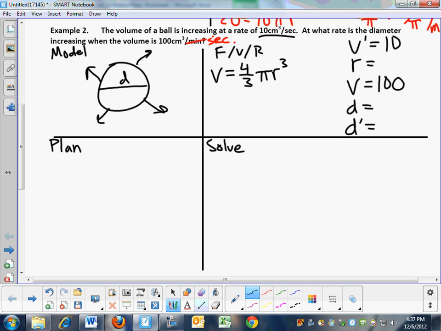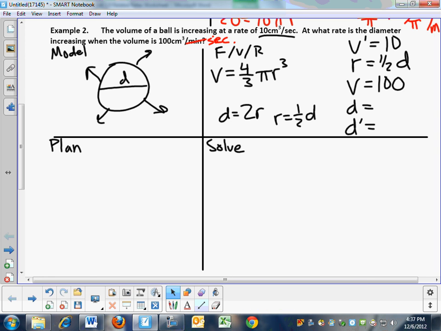It says at what rate is the diameter increasing, but my formula has only r cubed. It has an r in there. So that means I need to set up a relationship, namely that diameter is equal to twice the radius value. If I solve for r, I get r is equal to 1/2 d. I can take that and plug it in.